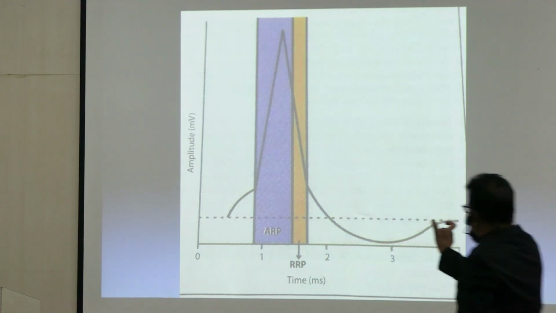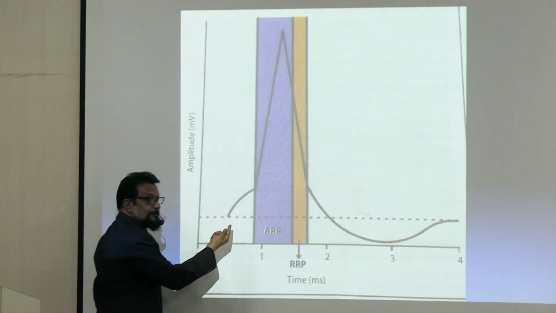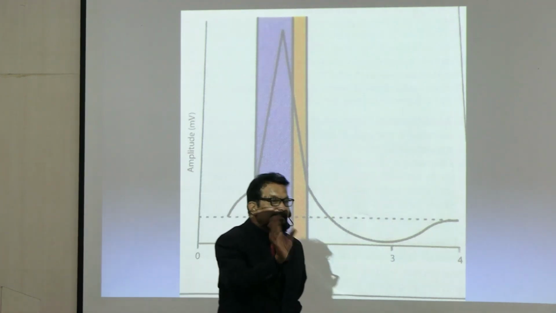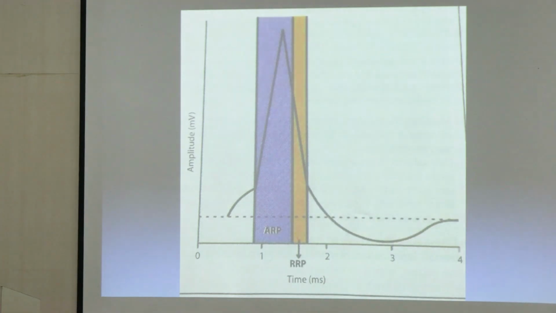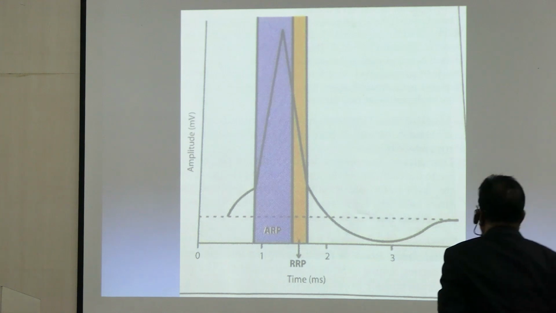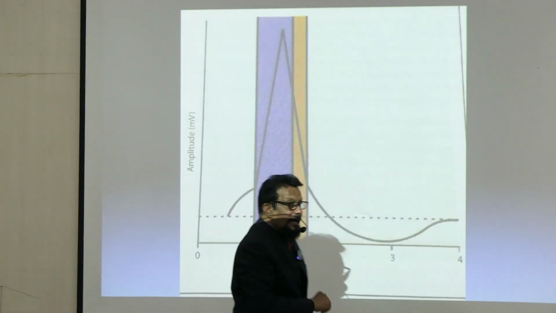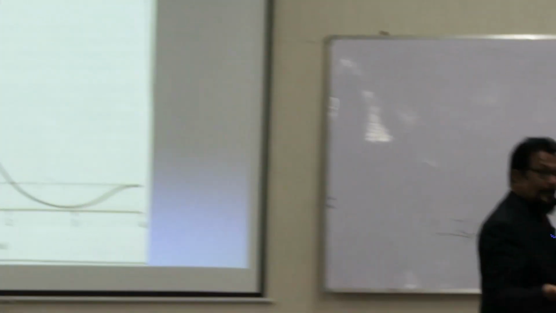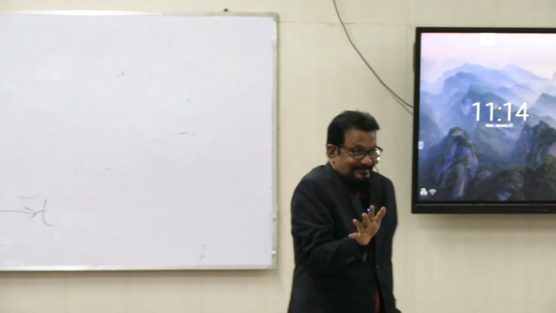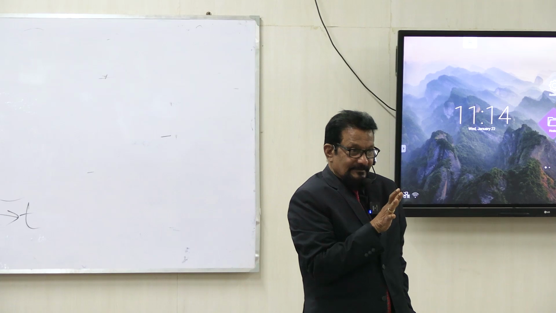During this phase, if you apply a second stimulus, it will not produce any effect. It is not going to produce a second action potential, because during this period the nerve remains in a refractory status, means it will not respond to a second stimulus.